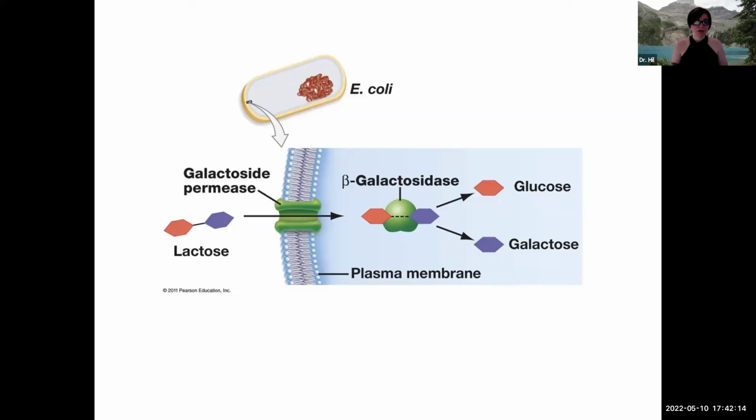You can use other sugars if you have the right enzymes to change them into something that's kind of like glucose, either change them directly into glucose or change them into something that is a breakdown product of glucose. But either way, if you have to change them into glucose, that costs energy. And if you have to put them into glycolysis lower than the starting point, then you're going to miss some of the energy generating steps. And it costs energy. So the best molecule, if it's available, is glucose.